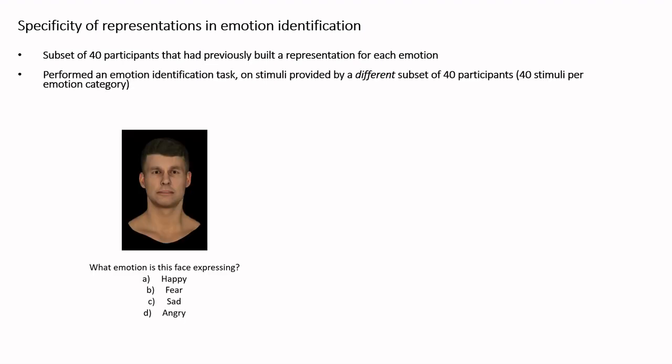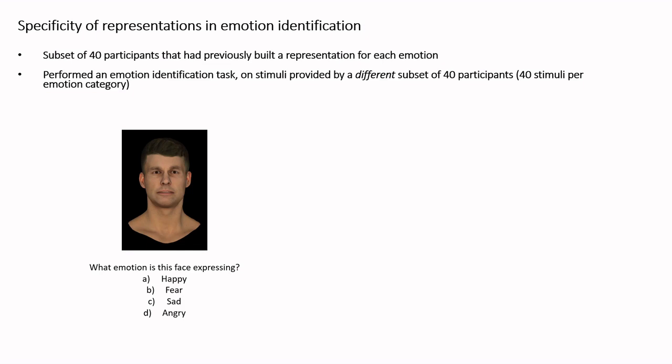Since we established that people vary in terms of how they represent these core emotion categories, we wanted to relate the specificity of representations to perceptual performance measures. We tested a subset of 40 participants that had previously built representations for each emotion, and we had these subjects perform an emotion identification task on stimuli provided by a different subset of 40 participants.